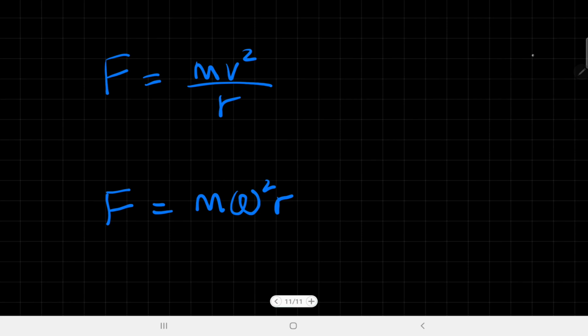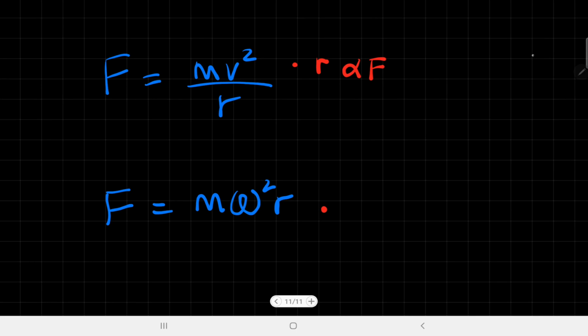That means as r increases, velocity will also increase. So r is actually going to be directly proportional to force. And that's because an increase in r will give rise to an increase in velocity, and this will become bigger than that, so the force will ultimately go up.